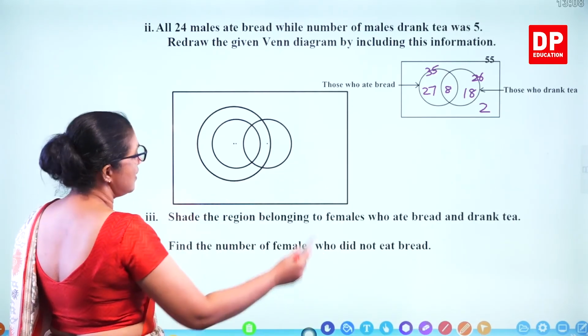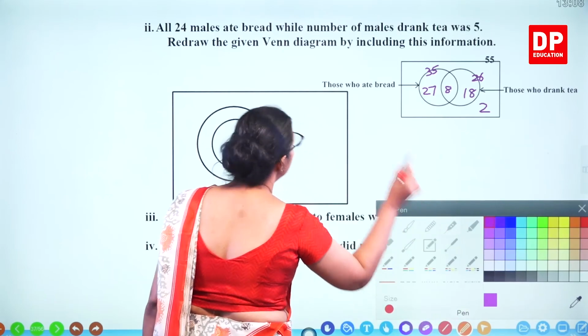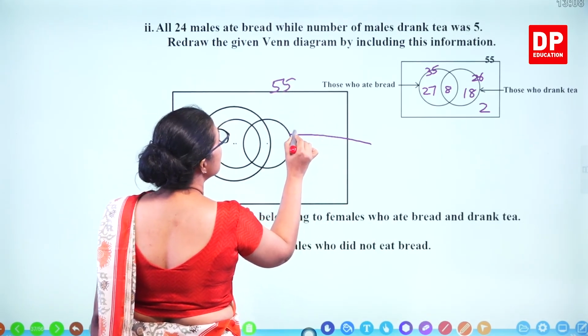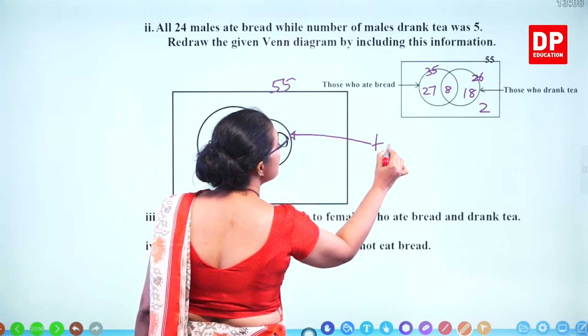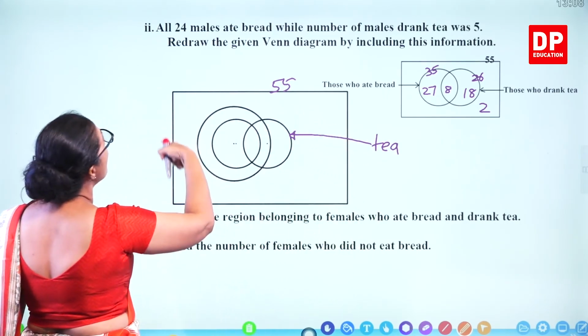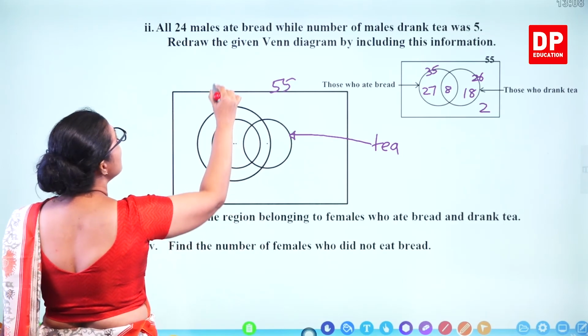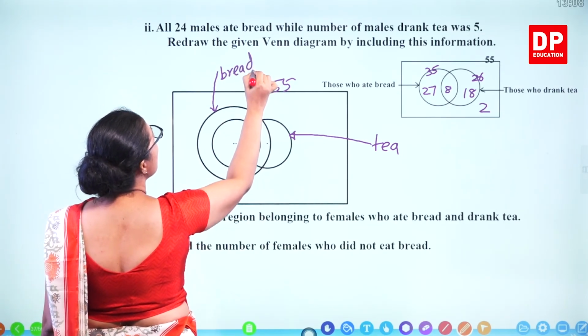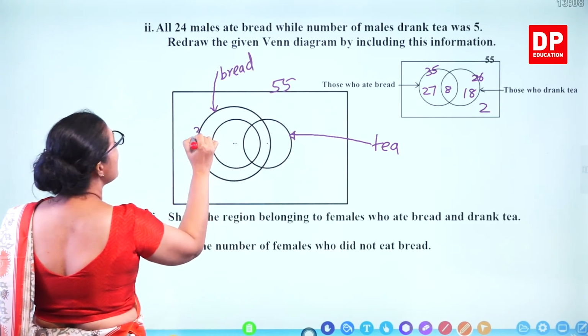So here it's 55 altogether. This circle is those who drank tea, and this big one is bread, which was 35 before.